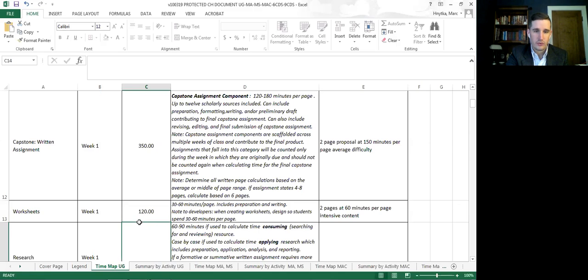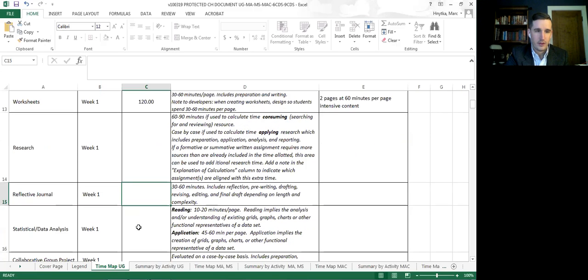Next, we're going to go to journals. We're just going to stay in week 1 for ease. A reflective journal is where you are asking students usually to reflect on their progress in the course, their understanding of topics in a given week, maybe even just reflect on their personal life experiences related to the course or course topics, but it's really being graded primarily for completion or for length.